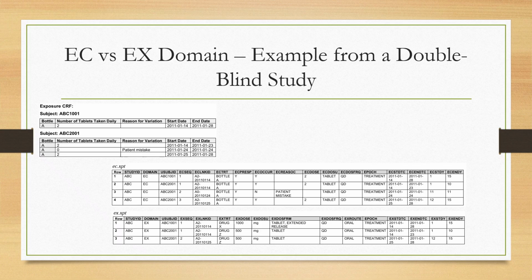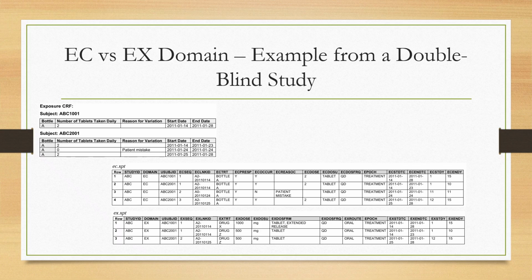As we have discussed, the first subject was randomized to drug X and the second subject was randomized to drug Z, which is known after the unblinding has happened. So in your EX data, instead of bottle A, we are populating the respective drug to which the subject was randomized.